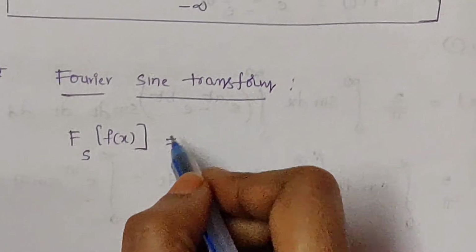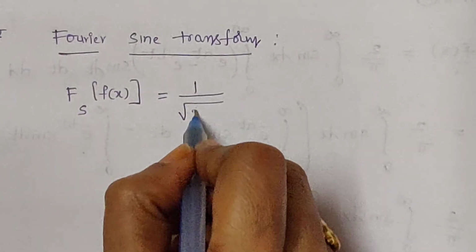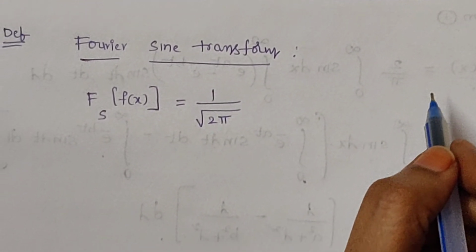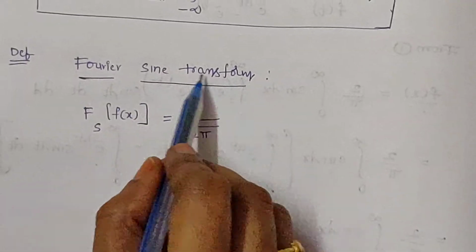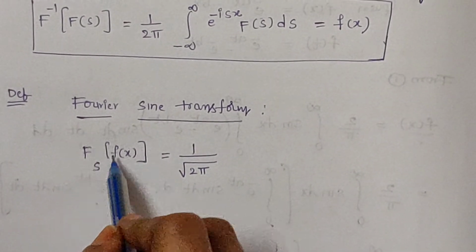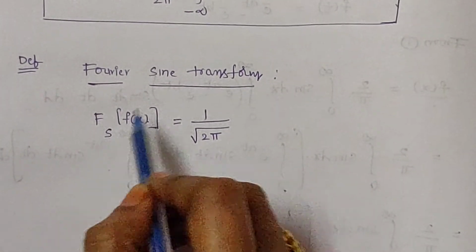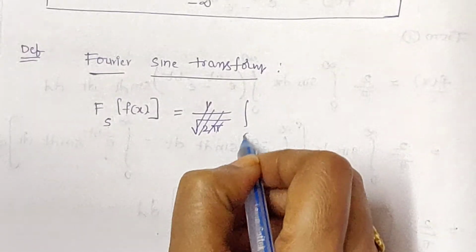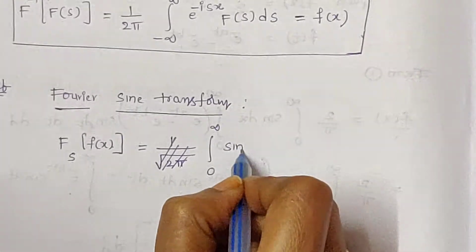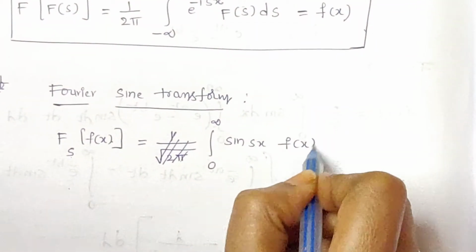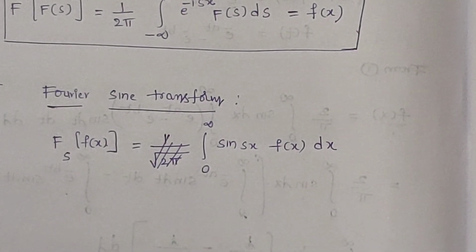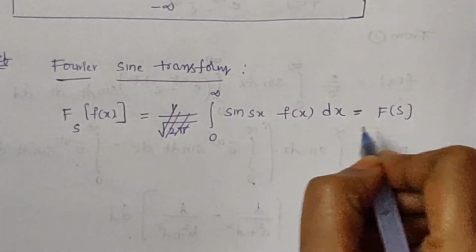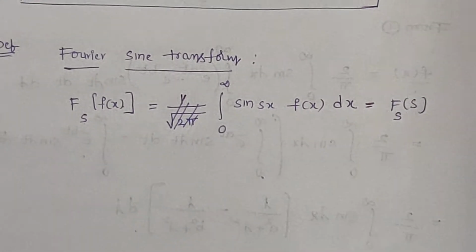So it is equal to 1 by root 2 pi. Fourier sine transform, denoted by capital F with suffix s, is defined as integral 0 to infinity sine sx f of x dx. This is Fourier sine transform to the function f of x. Fourier transform means we denote like this, but it is Fourier sine transform.